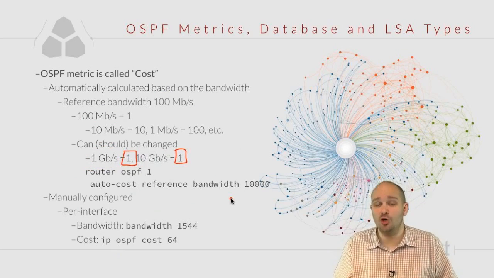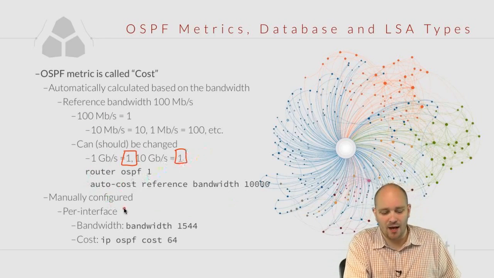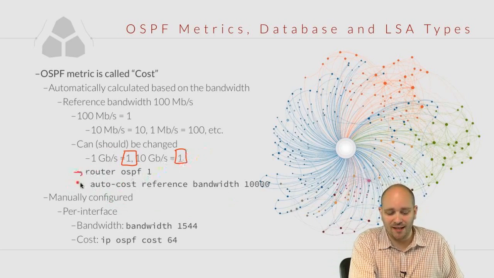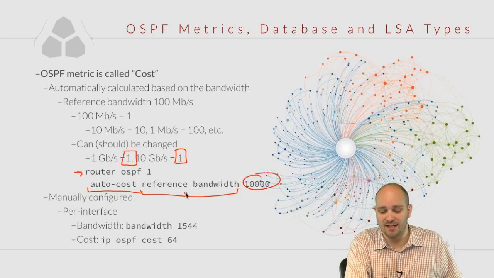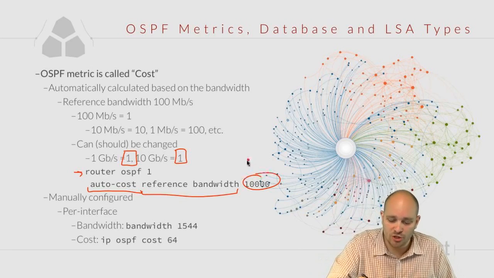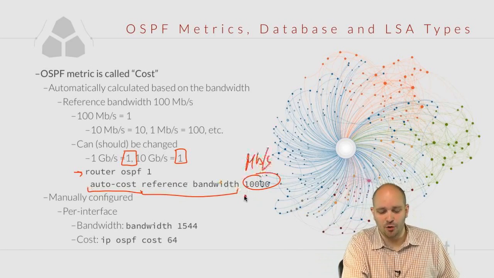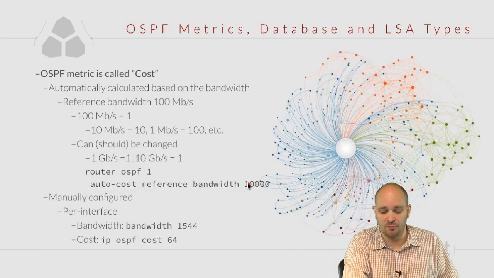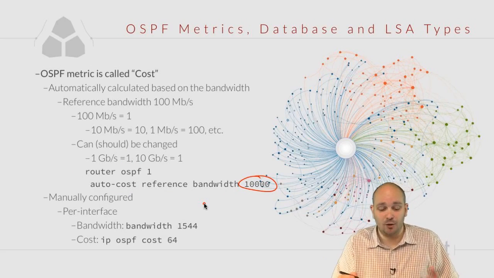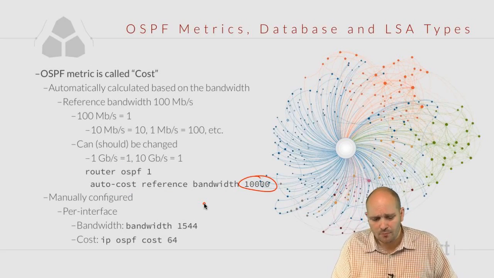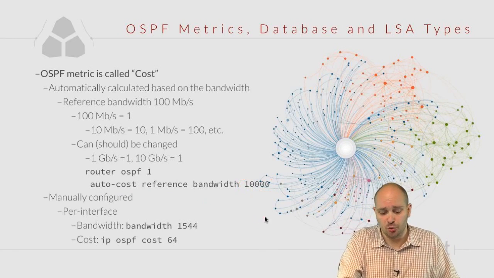Now, this behavior can be changed in the OSPF implementation in IOS using the global command in the router OSPF process called auto-cost reference-bandwidth, and then specifying the value, which is actually in megabits per second. The default value here is auto-cost reference-bandwidth 100, but in this case I'm specifying that the reference bandwidth would be 10 gigabits per second, which seems like a reasonable thing to do these days.